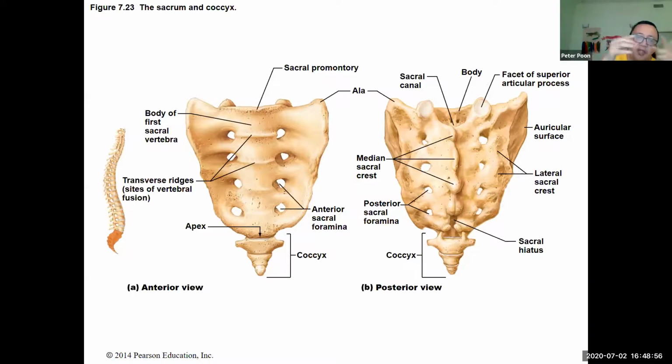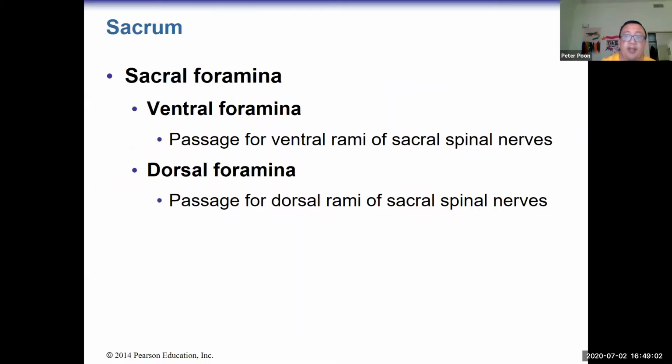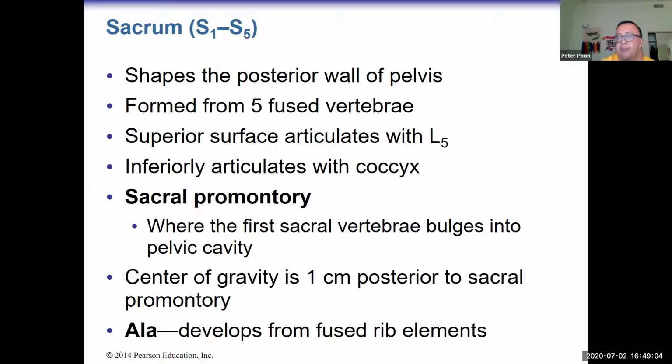That sacral promontory is important because it's a good landmark for your whole body center of balance. The center of gravity is about 1 centimeter posterior to the sacral promontory, just a little bit beyond it.